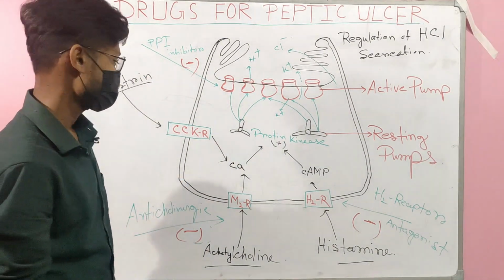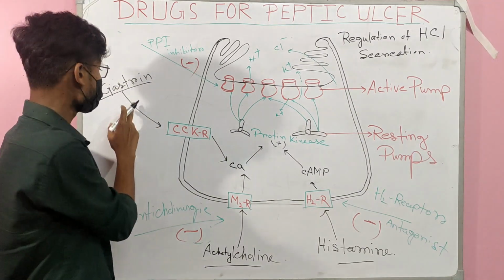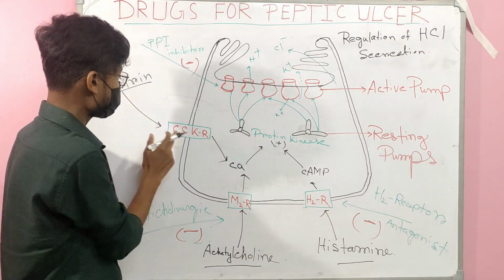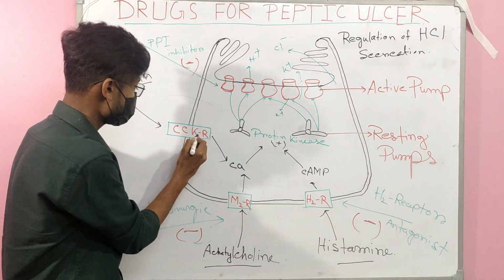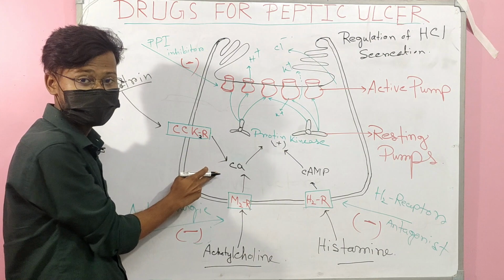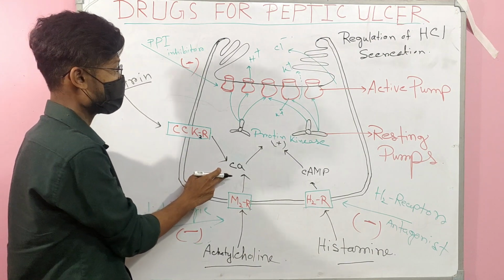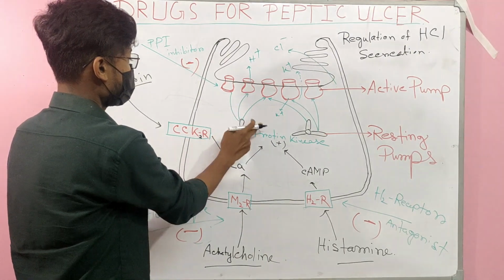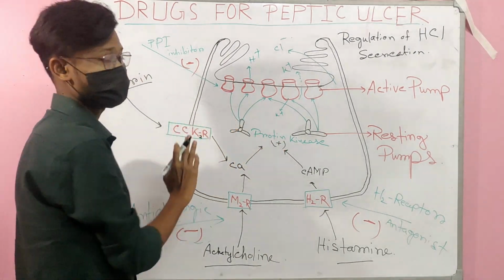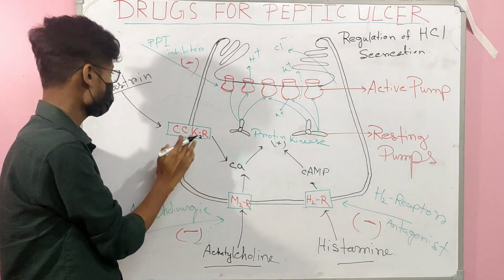How does it work? Firstly, gastrin activates CCK2 receptor, which increases calcium level in parietal cell, which is responsible for the activation of protein kinase or proton pump, which secretes HCl in our body.